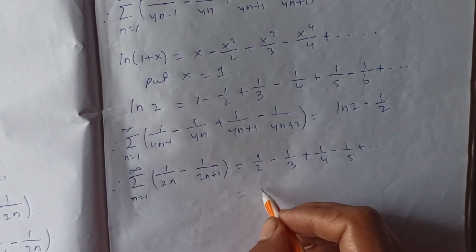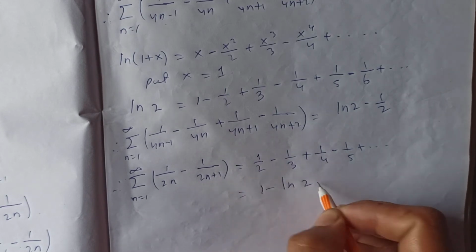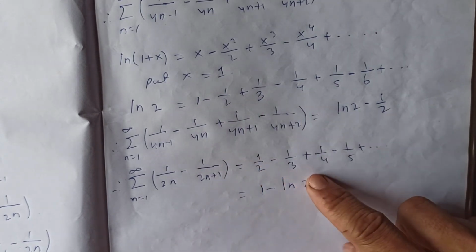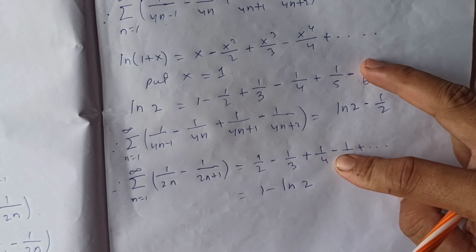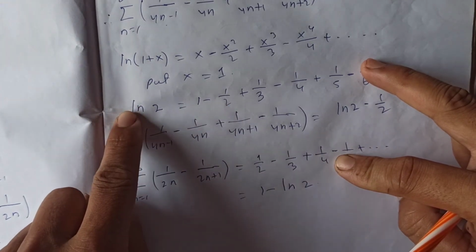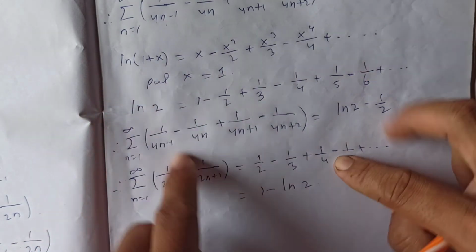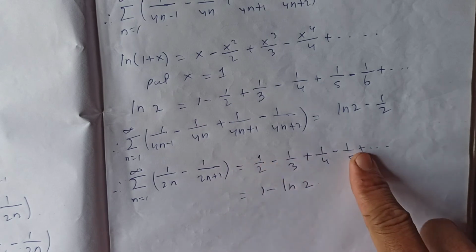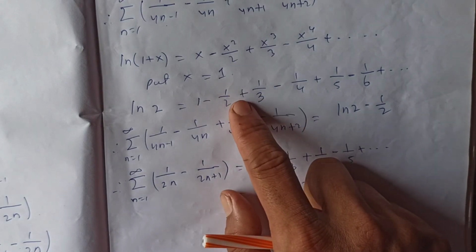So this is nothing but 1 minus natural log of 2, right? If you compare this sum and this sum, minus is taken out, so 1 minus natural log of 2. This root term is same as this one, just changing the sign only.